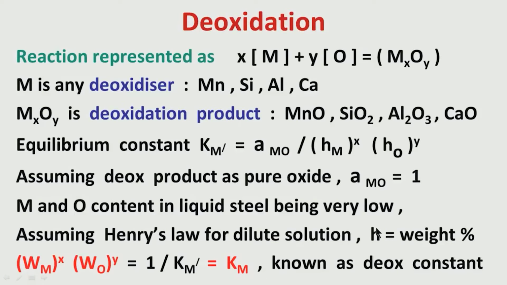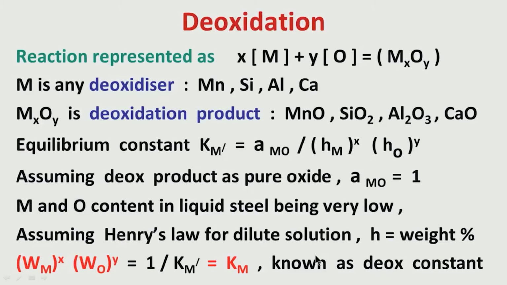We have to keep in mind that whenever we are increasing the amount of deoxidant in liquid steel, we are decreasing the amount of oxygen in liquid steel. So, for good deoxidation we have to add a larger amount of this M. Now, this Wm and Wo, the multiplication of this is constant, I have told you.